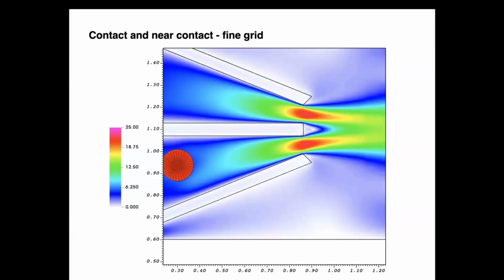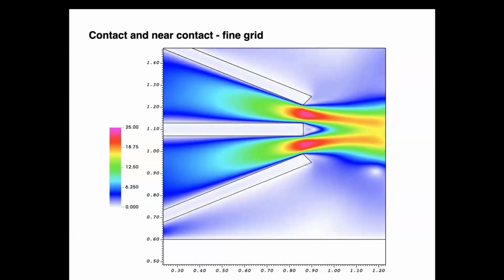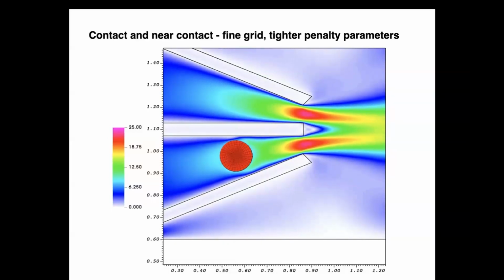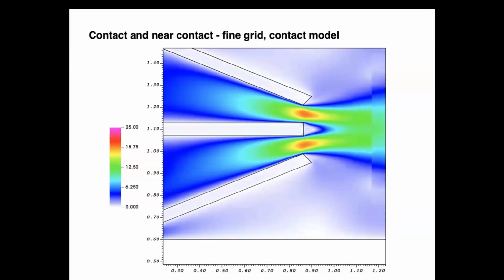We are not quite ready for prime time. So here, this is something you can see without treating contact very carefully. This elastic body keeps overlapping with the nozzle that it's getting squeezed through.